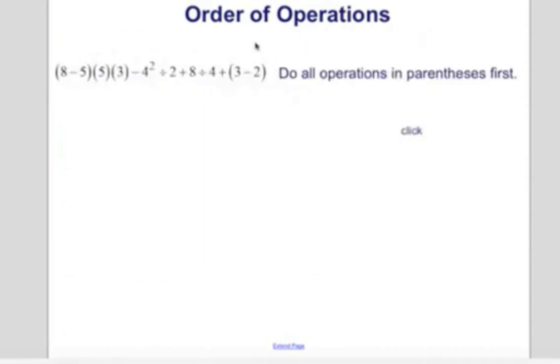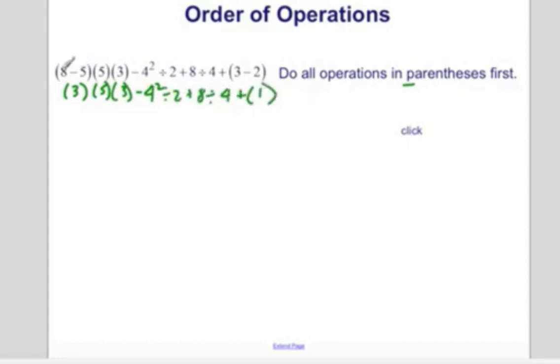Alright, so here's an example of a long expression, and let's figure out what order to do everything in. So first we're going to do all the operations in parentheses because PEMDAS starts with P, parentheses. So 8 minus 5 is 3. We have then a 5 times a 3 minus 4 squared divided by 2 plus 8 divided by 4 plus, and then here we have 1.